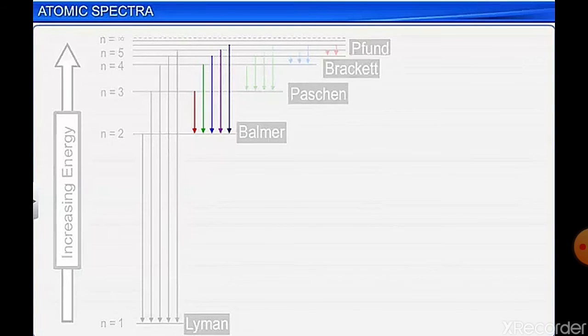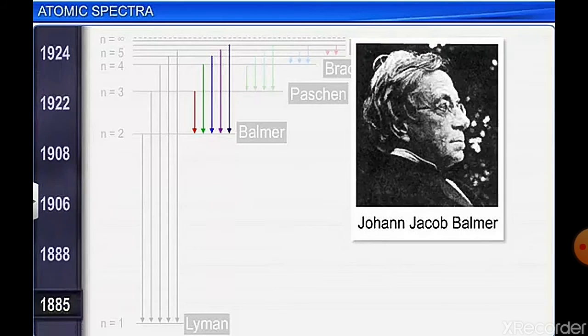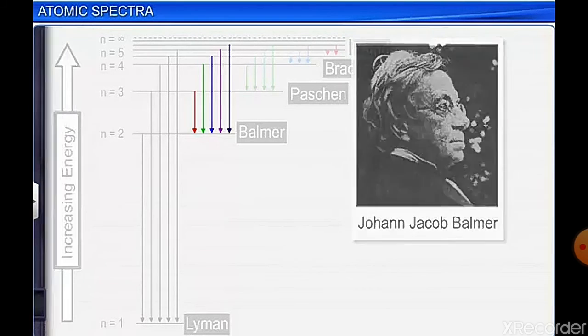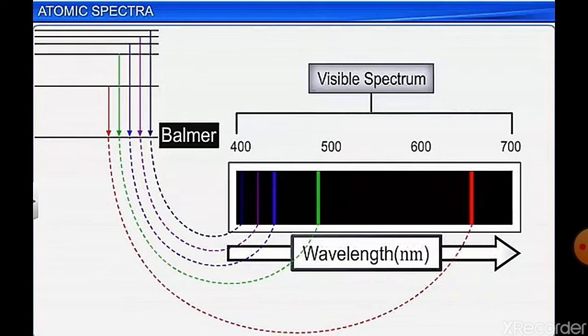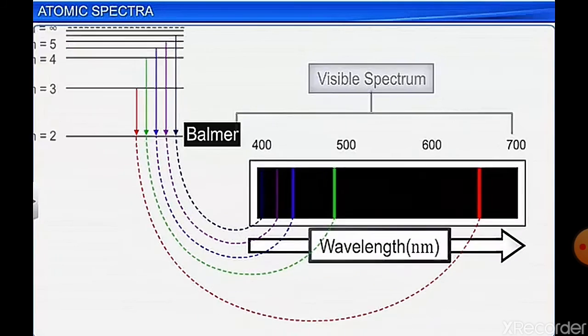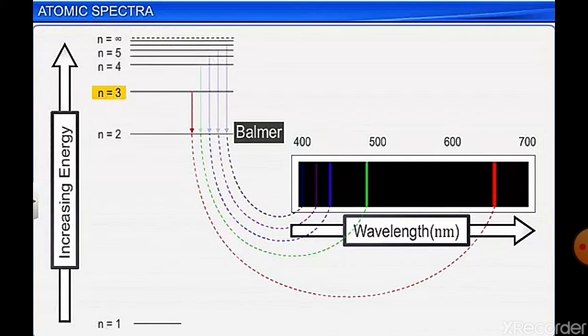The Balmer series corresponds to different light in which the electron is excited from n equal to 3, 4, 5. In 1885, John Jacob Balmer gave this visible spectra of radiations that were emitted by hydrogen lying in the visible range, and this you can see in the form of spectra.